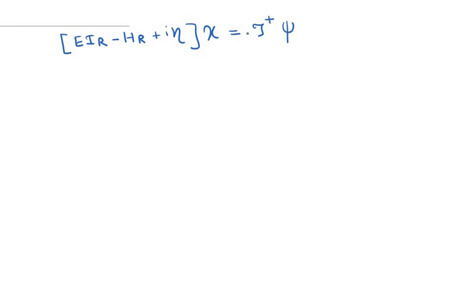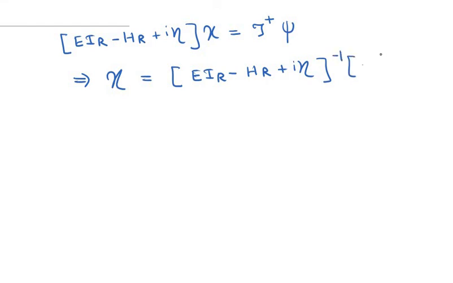So this is the reason we put the negative in front of the tau dagger in the Hamiltonian, so that when we change side, it basically loses its negative sign. Okay, so this scattered wave x is equal to [EIR minus HR plus I eta] inverse tau dagger psi.